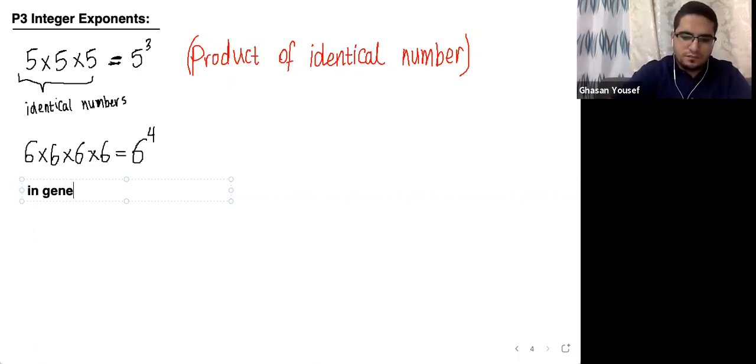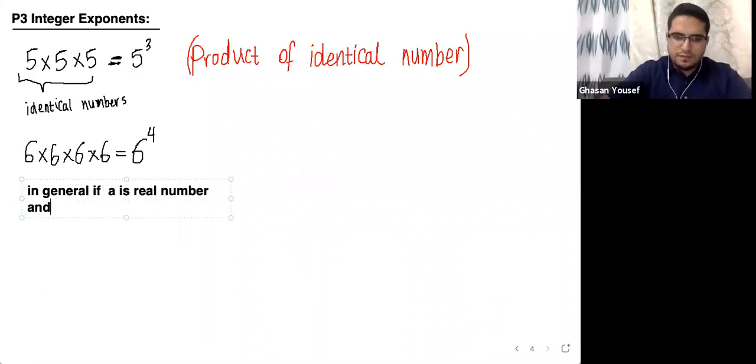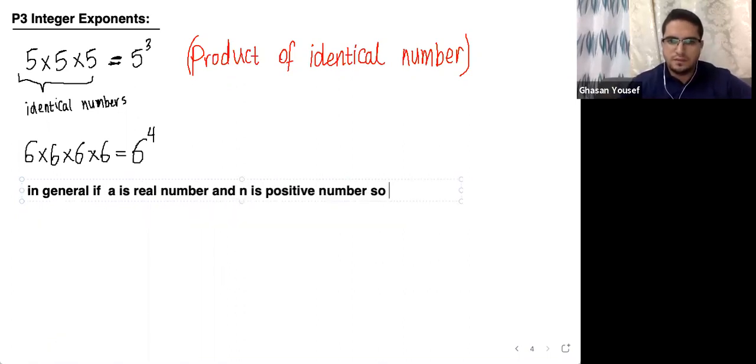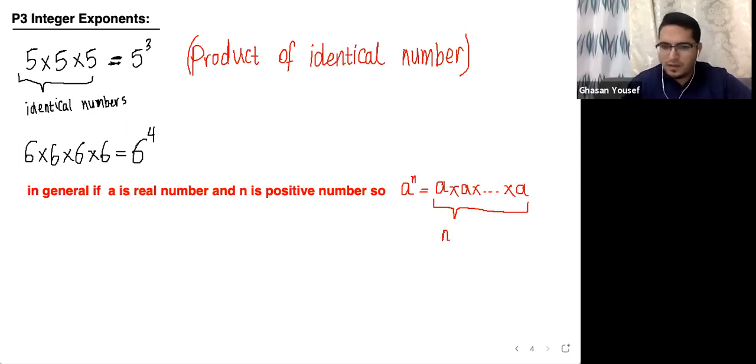In general, if A is a real number and n is a positive number, then A to the n is equal to A times dot dot dot times A, n factors.